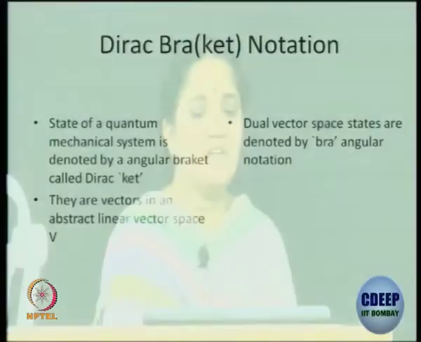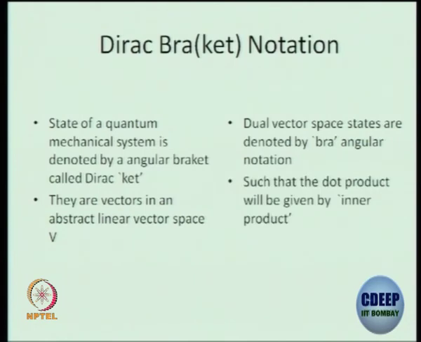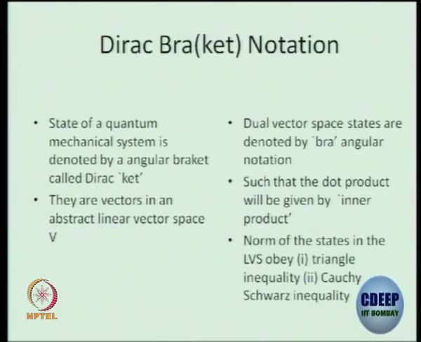A dual vector space is denoted by another angular bracket which is called a bra, and then the dot product. You need the dual vector space, otherwise you can't define this inner product. So the inner product is the one which will give you the length and other scalars.